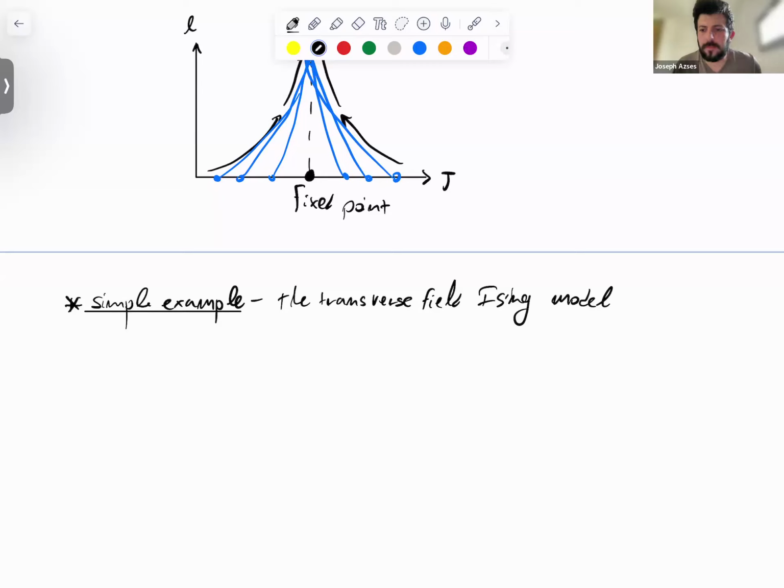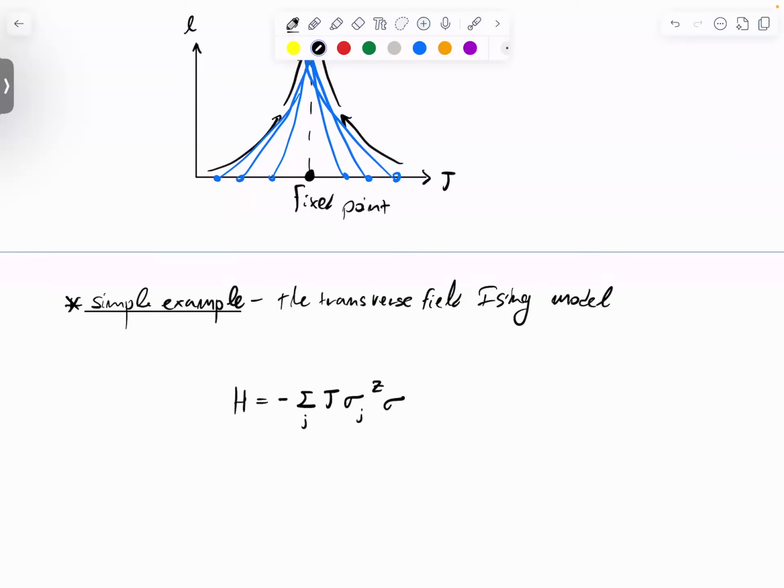Yes. So, Joseph, you've seen the transverse field Ising model. Anyone else? No. So, this is maybe the simplest possible model of a quantum phase transition. Okay, it looks like this.